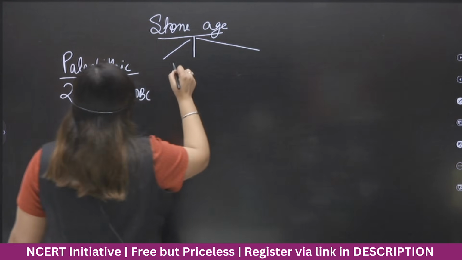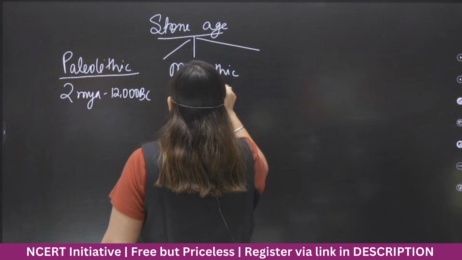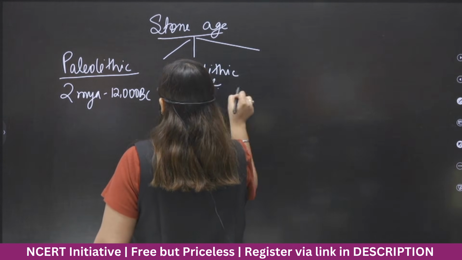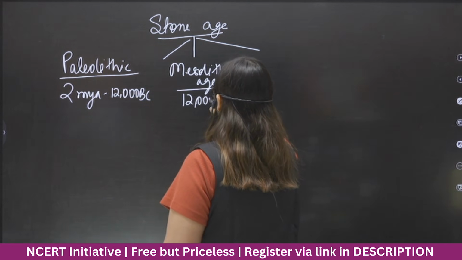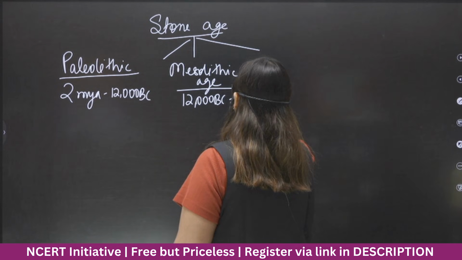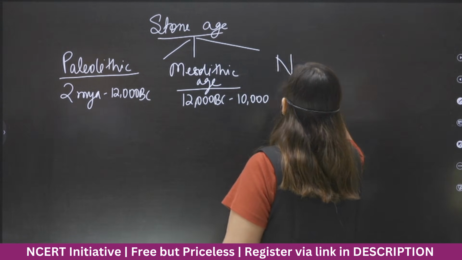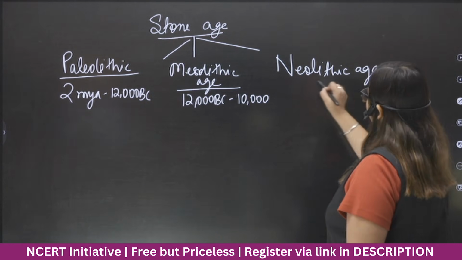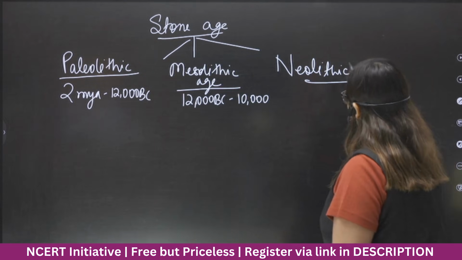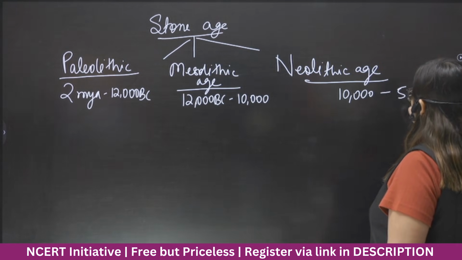Then we have Mesolithic Age, which starts from 12,000 BC to 10,000 BC. Then we have Neolithic Age from 10,000 BC to 5,000 BC.